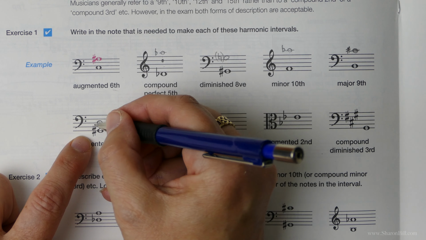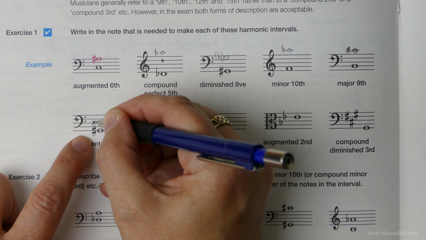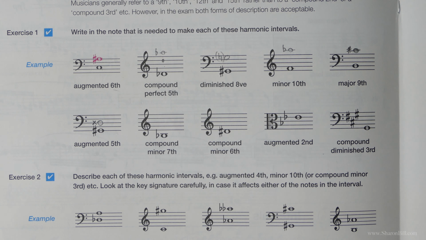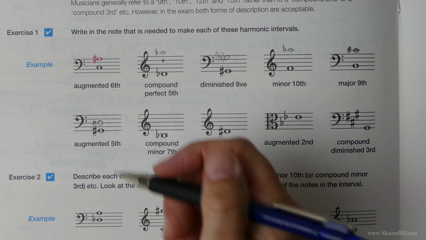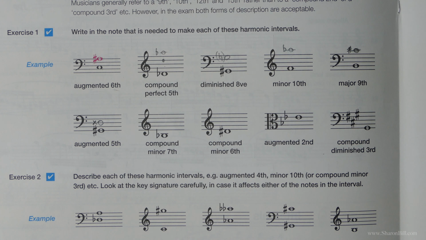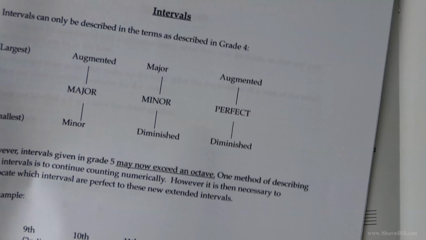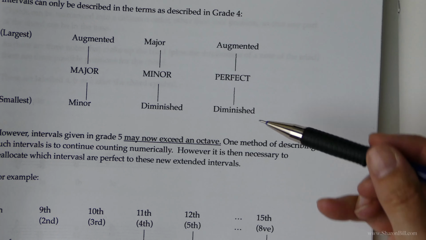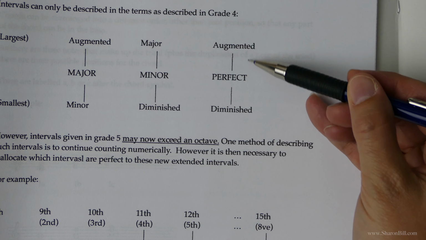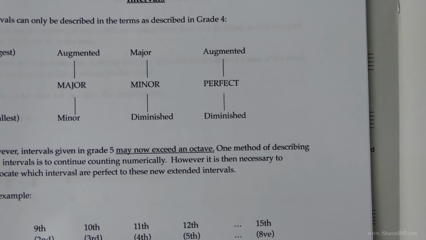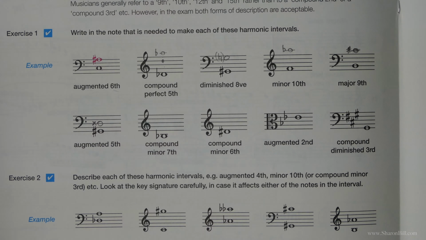So G sharp to D double sharp would be augmented, because we've raised the D sharp again and made it into a double sharp to augment that perfect interval. Remember, in perfect intervals there is no major minor, it just goes augmented or diminished, because it's the same in both major and minor.